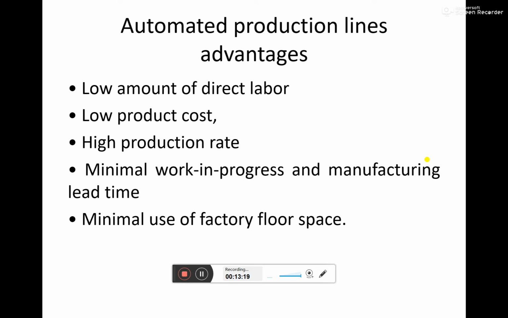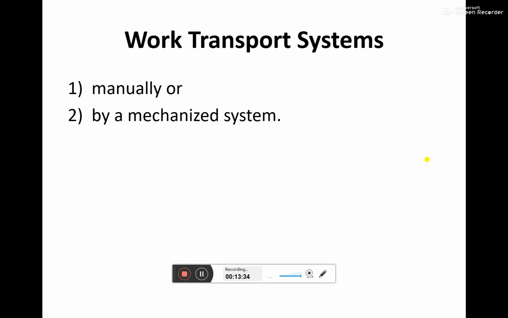And also if you are using these production lines, you can minimize your factory space. Within less space we can accommodate all these machines, and we can reduce the floor space also. That is also one of the advantages. And we can use different types of work transport systems.